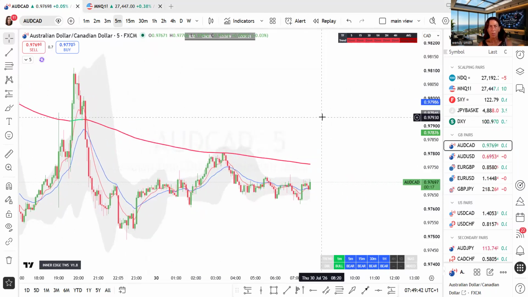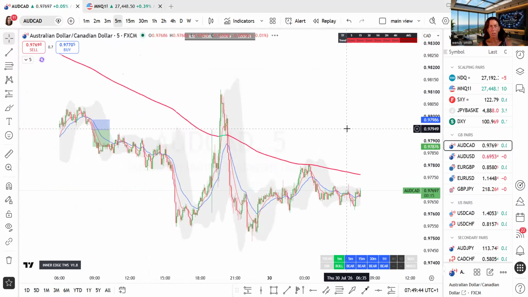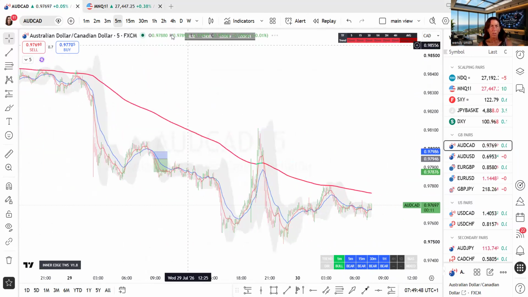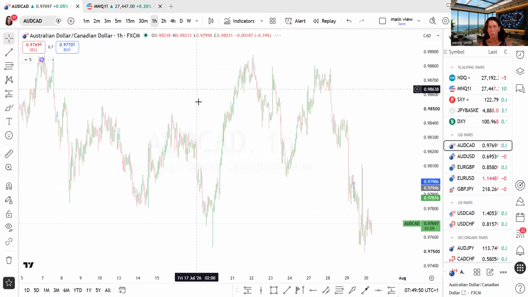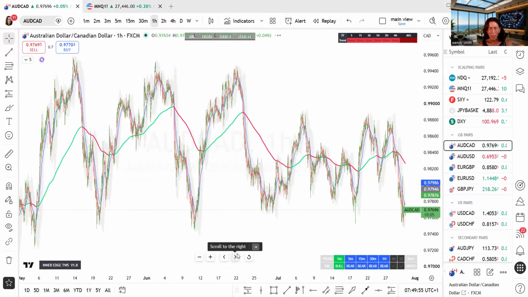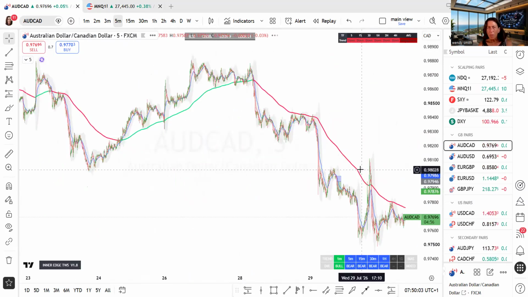So for me with this one, because of what it looks like, I just want to have a little nosy and see what's over on the left here. Where are we? Right, we're right at the bottom, but there's more to go.